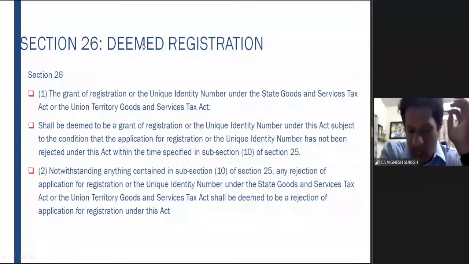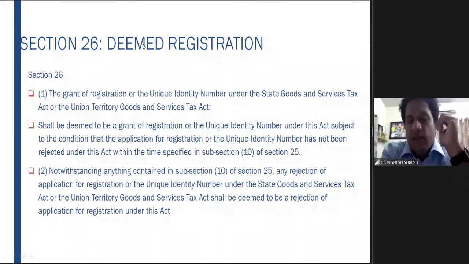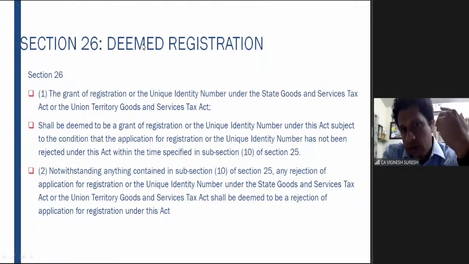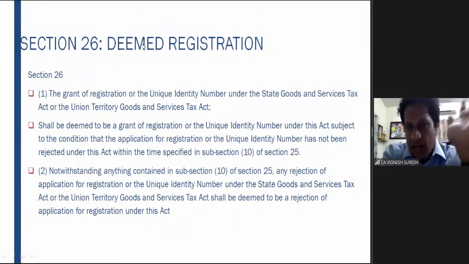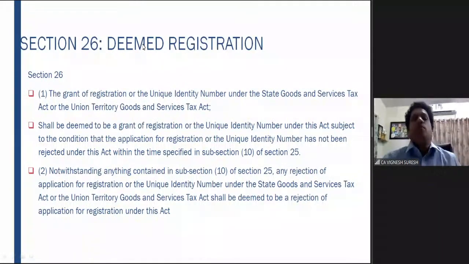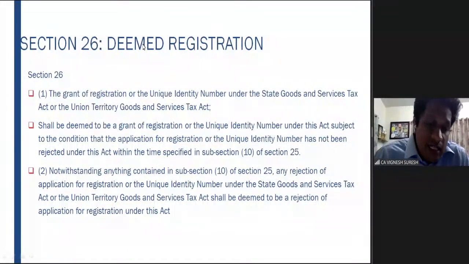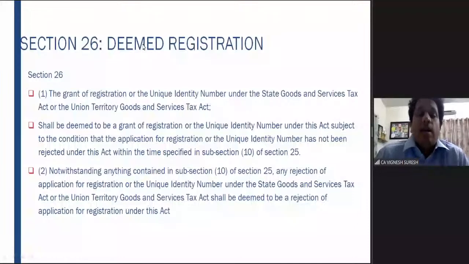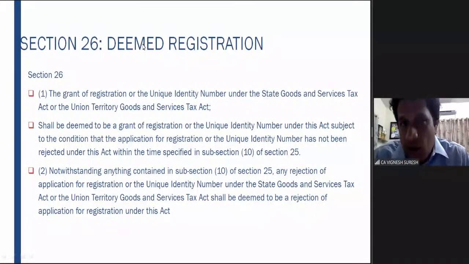So when you are applying for the registration, the department segregates your application, deciding whether it has to go to the state or to the center. Irrespective of wherever it goes, the registration under any one act, either the State Act or the Union Territory Act, is deemed to be a grant of registration under the CGST Act also. That is what is covered here. Any registration or UIN given under the State Goods and Services Tax Act is deemed to be a grant of registration under this Act, subject to the condition that the application has not been rejected within the time period.